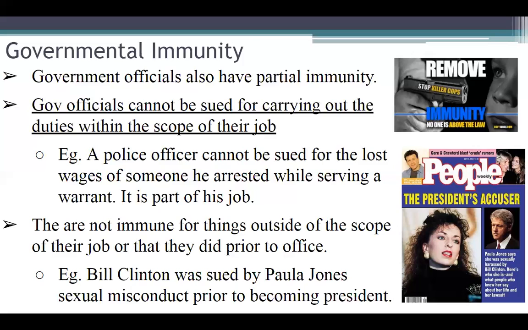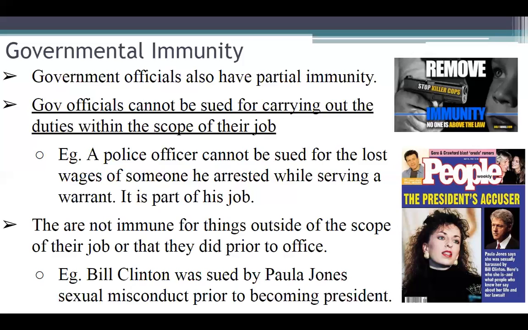The police officer cannot be sued for serving the warrant. They cannot be sued for your lost wages if you were arrested because you lost your job or whatever the case may be, because they're working within the scope of their jobs, right? But that being said, that does not mean that everything that these people do is inside the scope of their job, right?